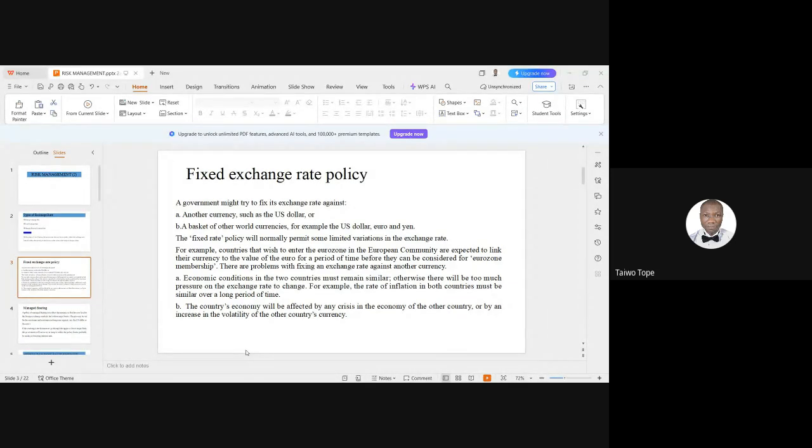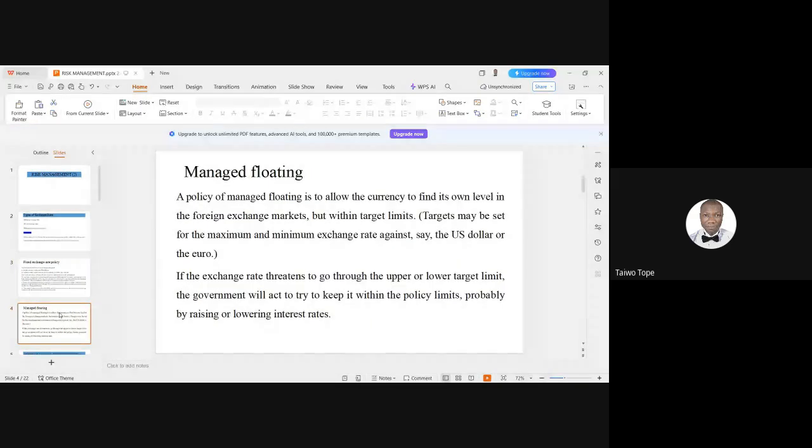And also we have the managed floating exchange rate. This managed floating exchange rate refers to a system in which foreign exchange rate is determined by the market forces and government influences.